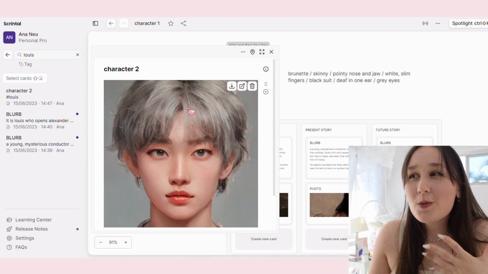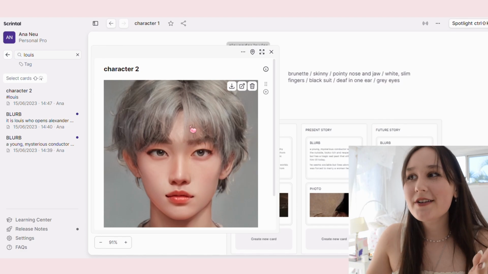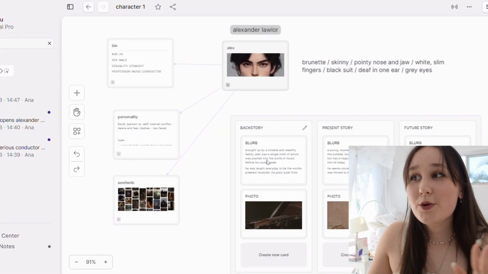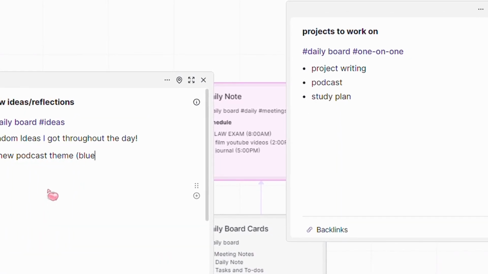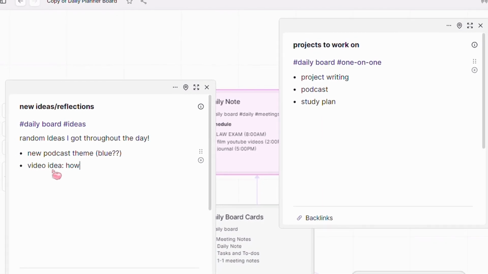So again, there are so many different features in Scribble, whether you import photos, or connect and mind map, as you can see here, you can move everything around, and Scribble is so versatile. I planned my day using Scribble, and I was also able to plan my characters, which is so cool, how versatile this program is. I just love Scribble so much, so please go check them out.